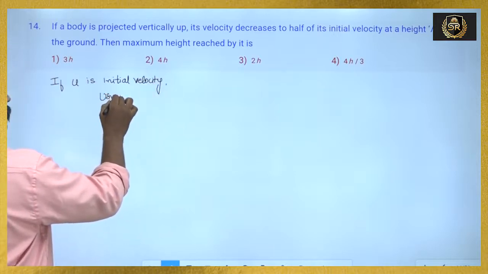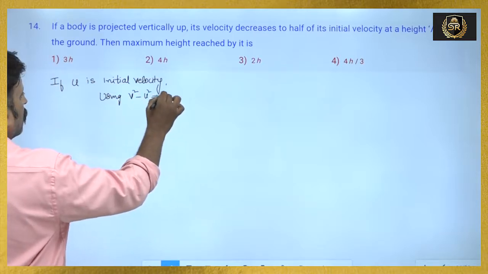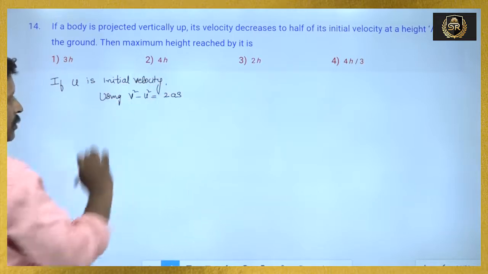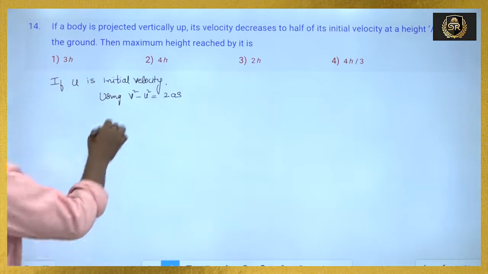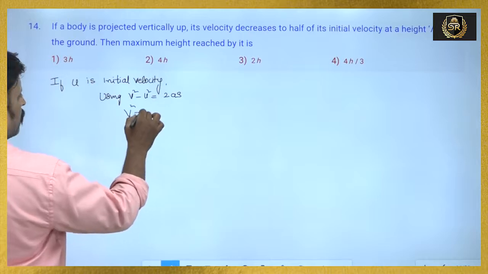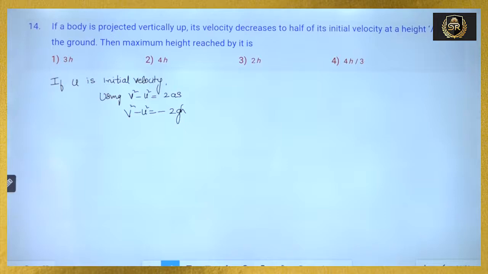using v square minus u square is equal to 2as. We get for vertical projected body v square minus u square is equal to minus 2gh. Okay.